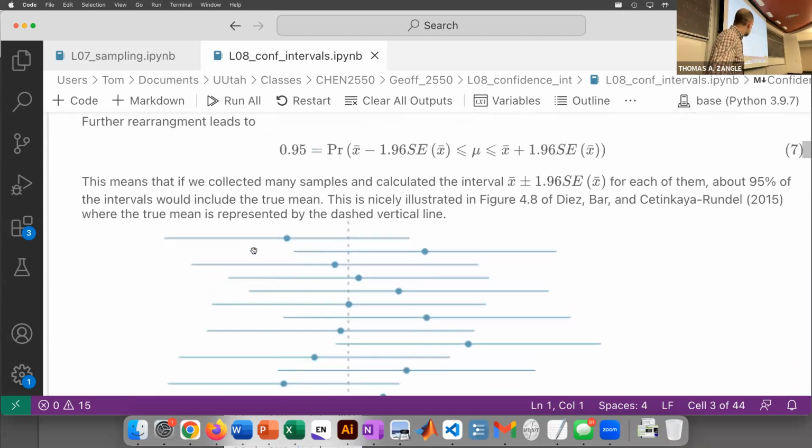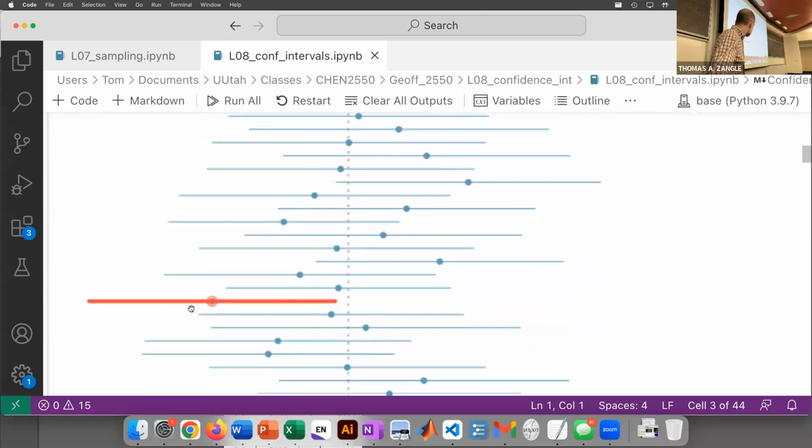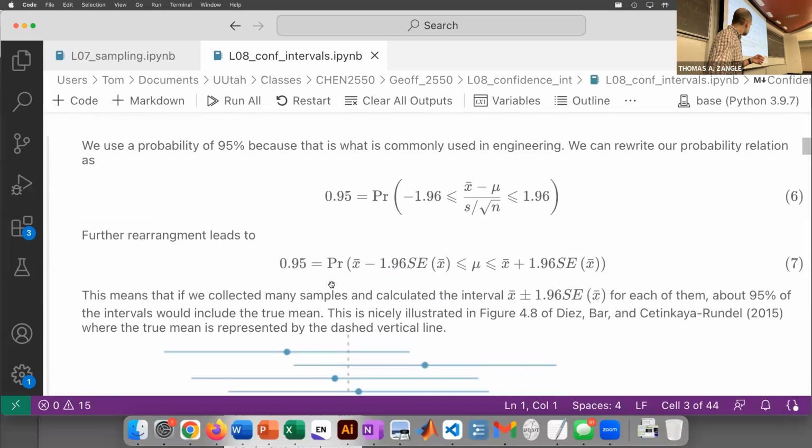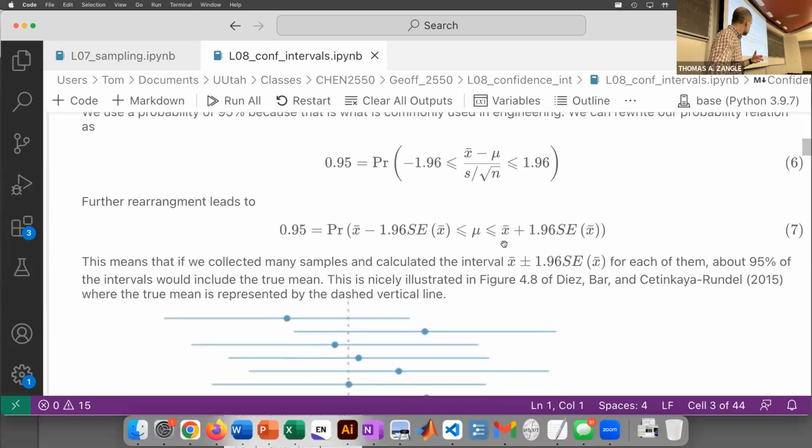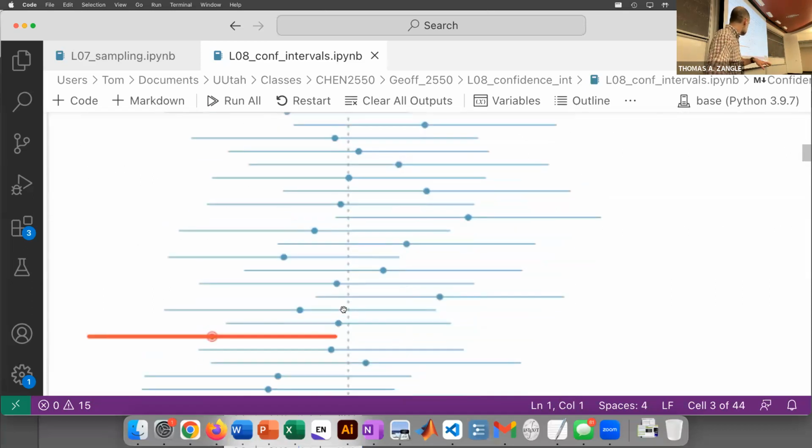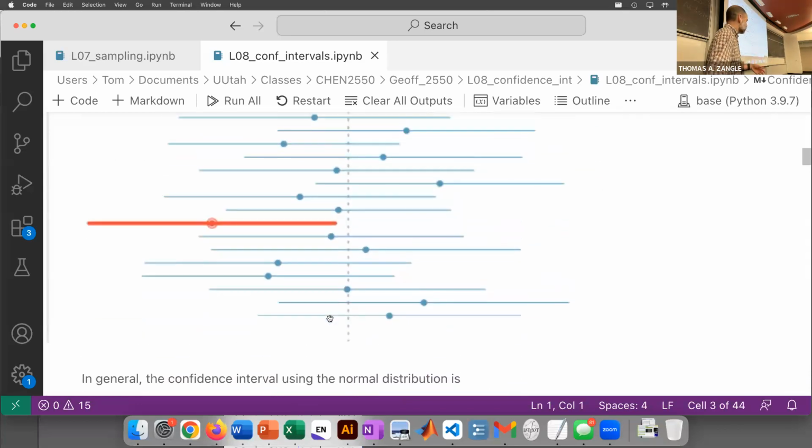And if we do this many, many times, with probably about 1 in 20 or so, we would end up with a sample mean that is far enough away from the true population mean that this 95% confidence interval does not overlap with the true population mean. So this confidence interval is telling us that we have only 95% confidence that the true mean is within this range, which implies the inverse, that about 5% of the time we're going to be wrong.